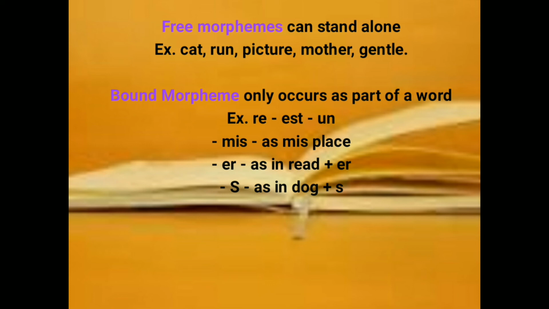Examples: cat, ran, teacher, mother, gentle. Free morphemes may appear with bound morphemes attached to them, but crucially they don't need other morphemes. A bound morpheme only occurs as part of a word. Examples: re, est, in, the mis in misplaced, the er in reader, and the s in dogs.